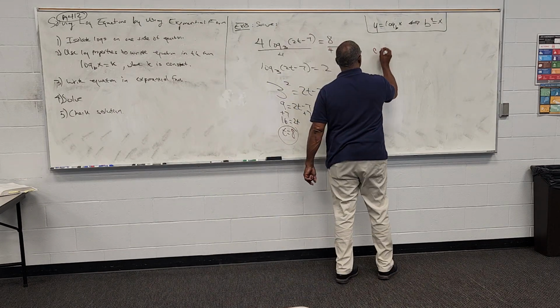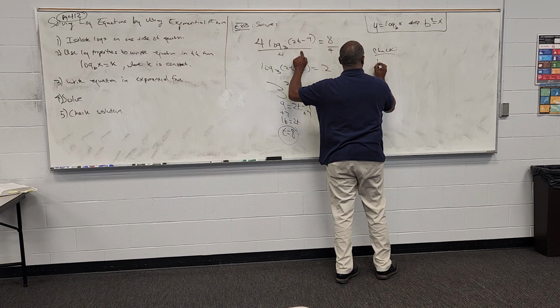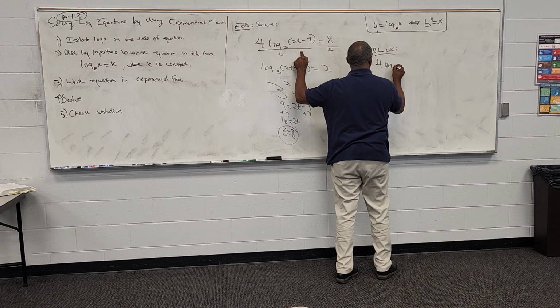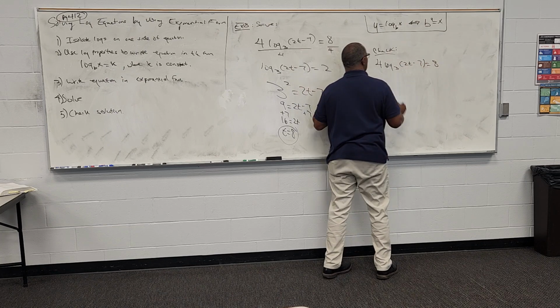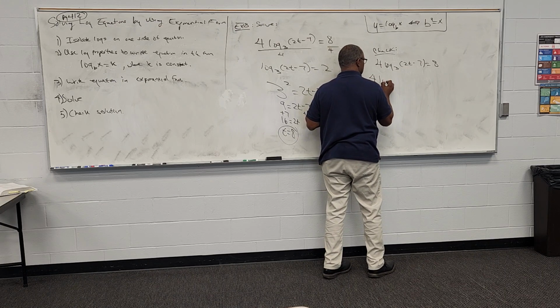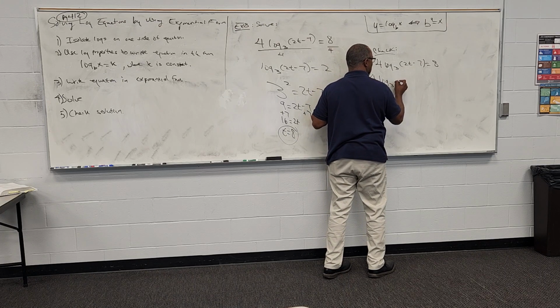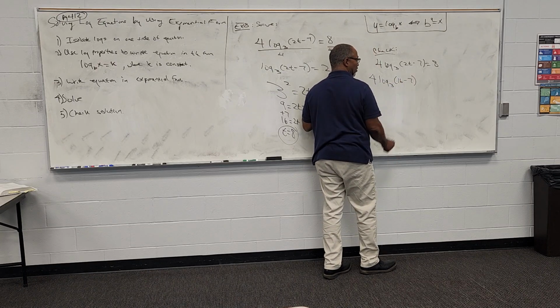Well, let's check it. The last step says check it. So I had 4 log to the base 3 of 2t minus 7, and it was equal to 8. So I'm checking t equals 8. Everywhere I had t, I'm going to put an 8. 2 times 8 would be 16 minus 7, and we're going to see if we get 8.